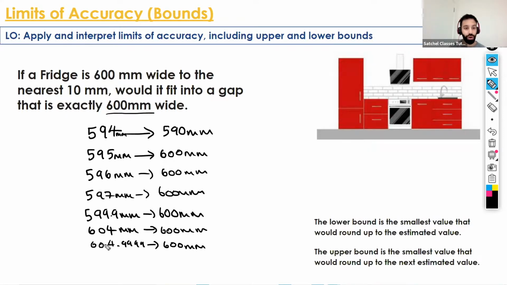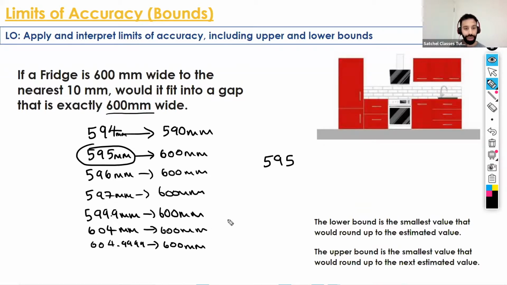Given the range of answers we have, we can start to say that we have a lower bound. The lowest possible value that would round to 600 millimeters is 595. So this is our lower bound. This could potentially be the width of our fridge.